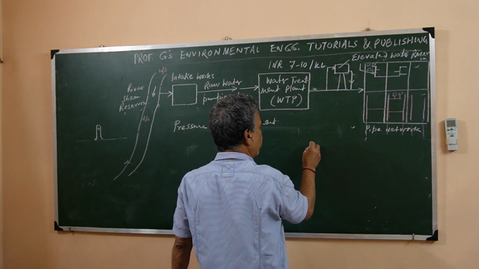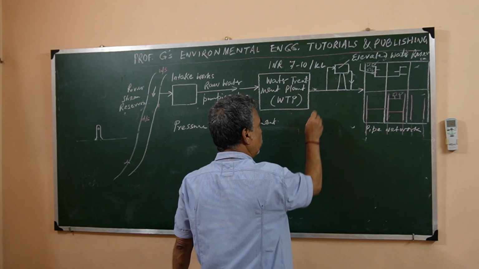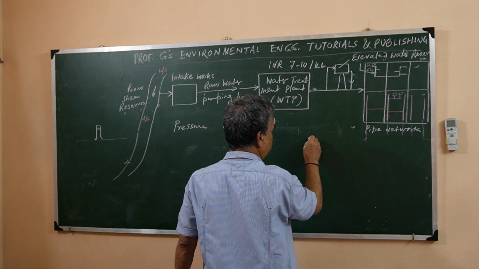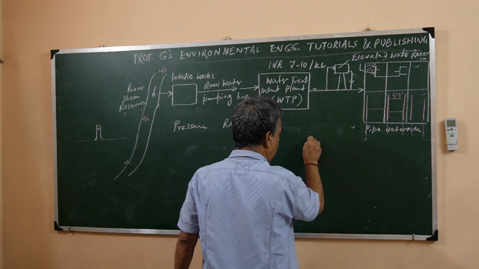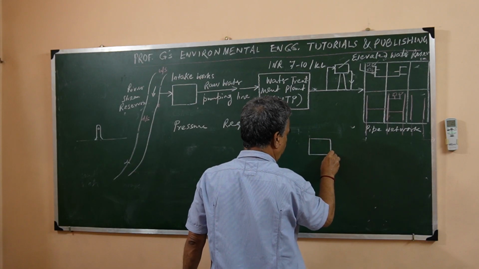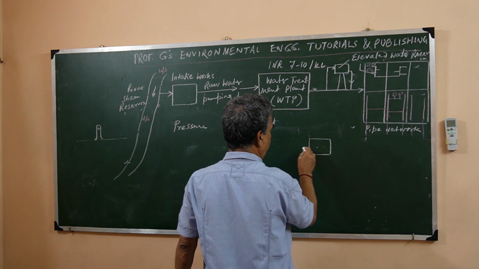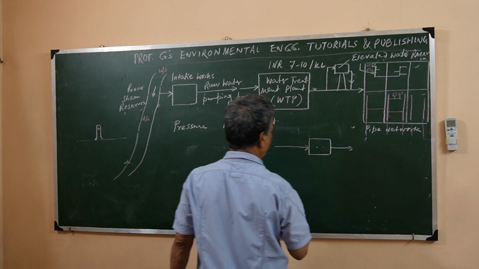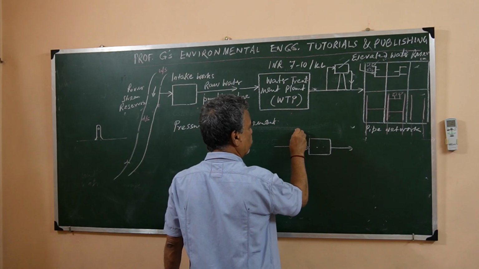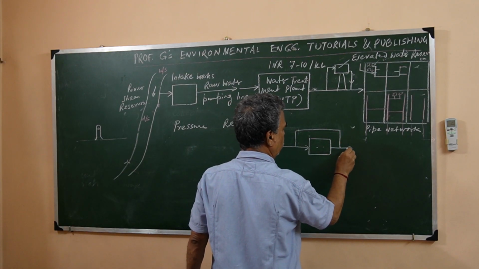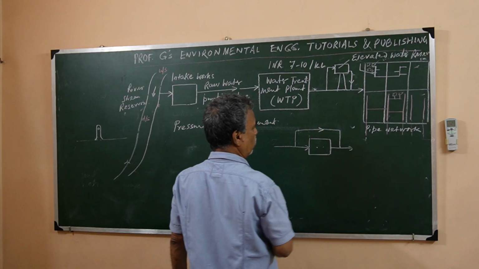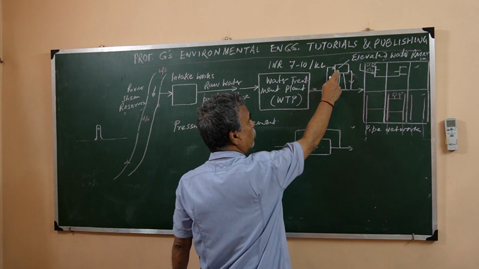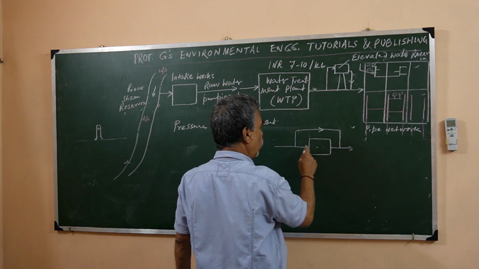If I draw it separately, this may be the plan of the reservoir. Here the water is coming, then going via the reservoir also. It may be both ways, that means continuously, or through the elevated reservoir, or continuously.